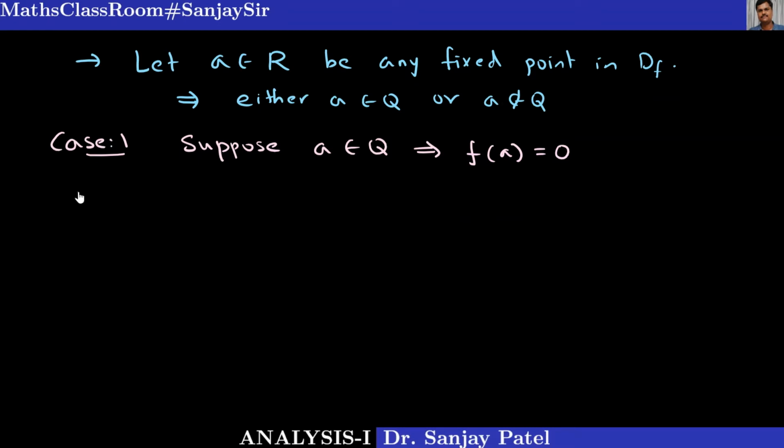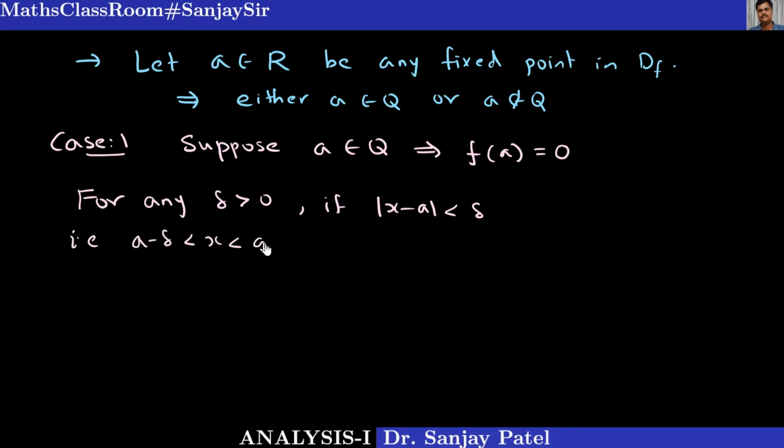For any delta greater than 0, if we consider mod of x minus a less than delta, that is a minus delta less than x less than a plus delta, or you can say x belongs to the open interval a minus delta comma a plus delta.